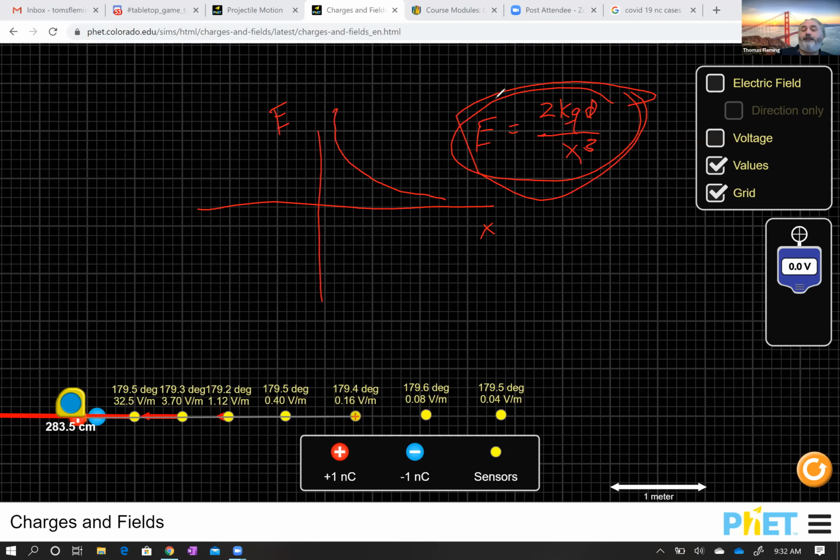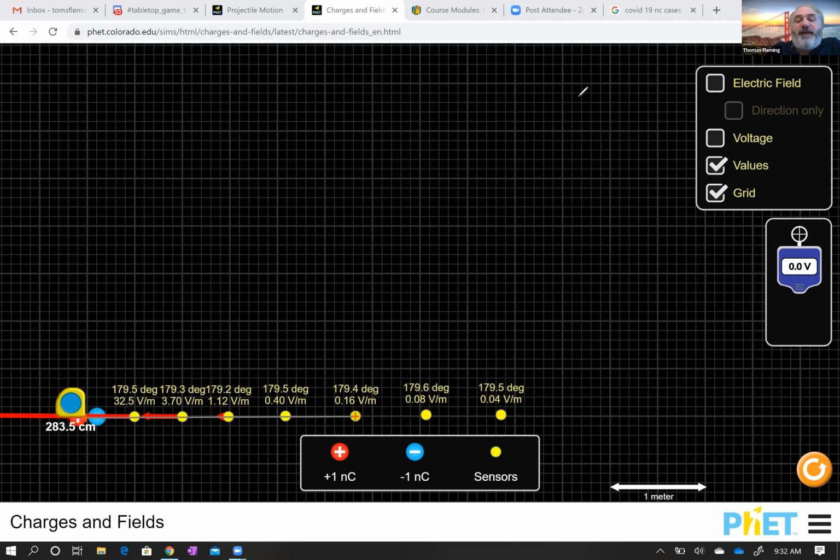However, if you instead plot it in a clever way, if you plot E as a function of not x, but 1 over x cubed, then you should find that you will get a straight line. If the theory is correct, that plot ought to be straight.